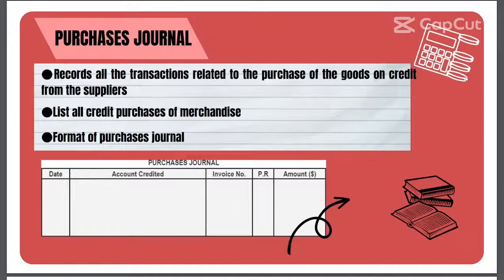Second, we have the account credit, to record the name of the supplier at the time we purchase. Next, we have the invoice number, which we receive from the supplier at the time of the purchase. Last, we have the folio and the amount purchased.